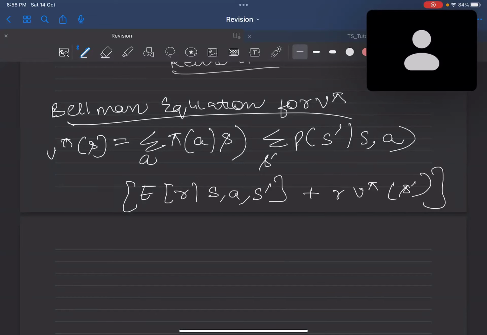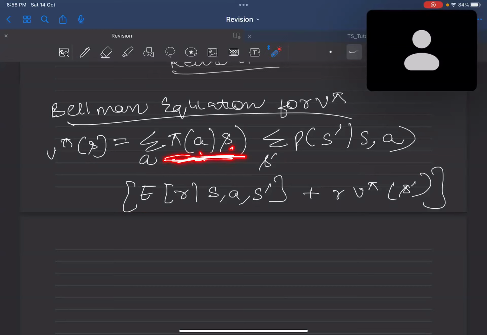Okay, just go line by line, word by word, like what is this V pi of S? Go element by element. What is this? What is this? Yes, the first one is the policy. What is this whole pi of A given S?